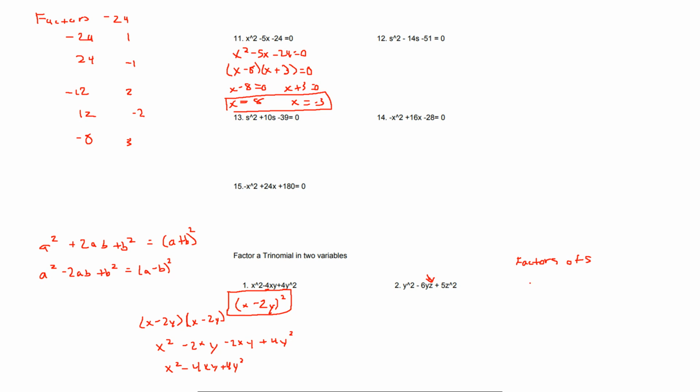So it becomes just negative 5 and negative 1. So it becomes y minus 5z times y minus z for your answer for number 2.